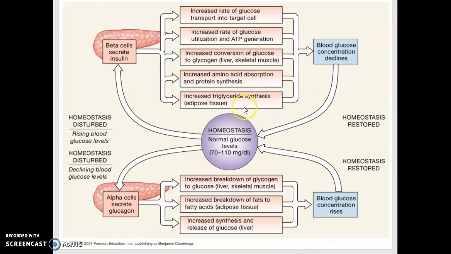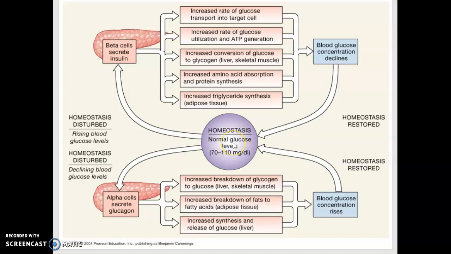Okay, so back to our homeostatic chart dealing with glucose levels and how our pancreas, through the pancreatic islet cells with beta cells that produce insulin and alpha cells that produce glucagon, how do they homeostatically normalize our glucose levels?